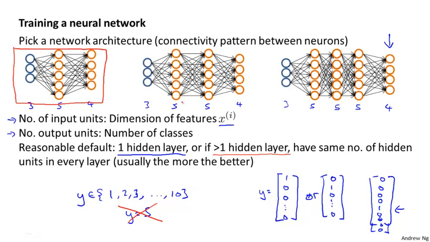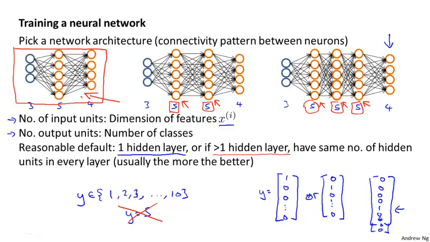So here we have 2 hidden layers, and each of these hidden layers has the same number, 5, of hidden units, and here we have 3 hidden layers, and each of them has 5 hidden units. But the network architecture on the left would be a perfectly reasonable default.